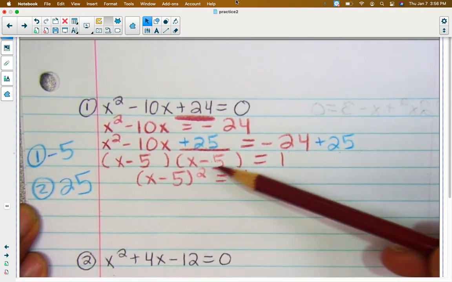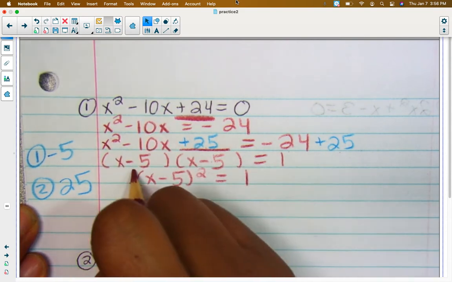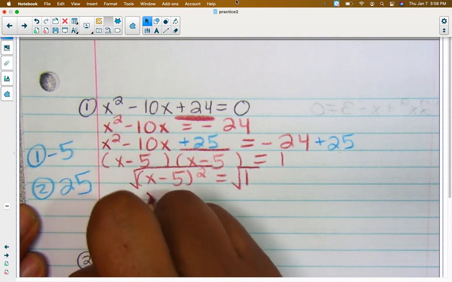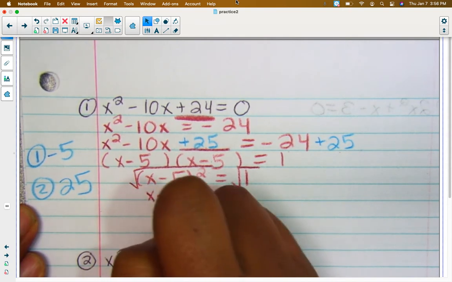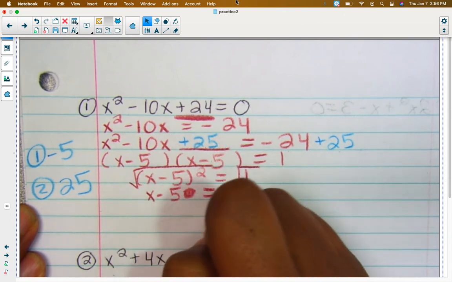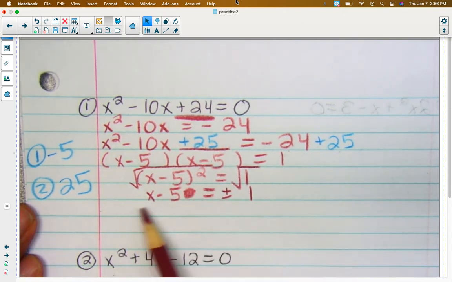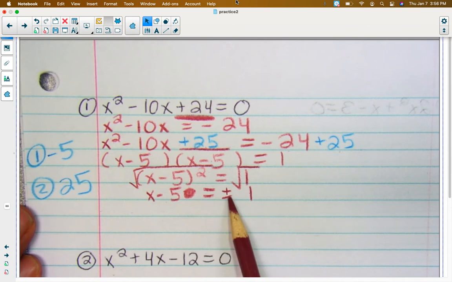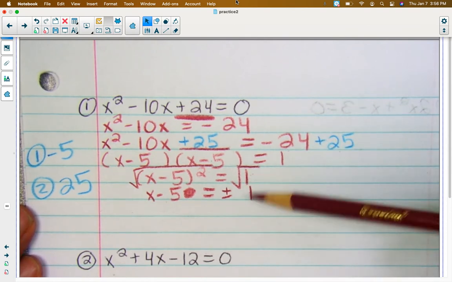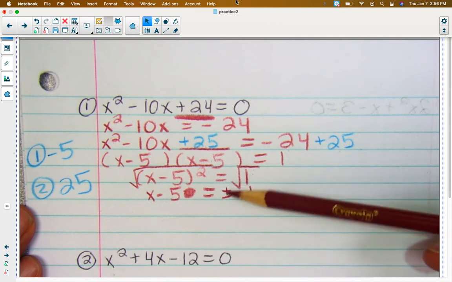The opposite of squaring something is to take the square root. So x minus 5 equals plus or minus 1. The square root of 1 is 1, and don't forget to do your plus or minus.